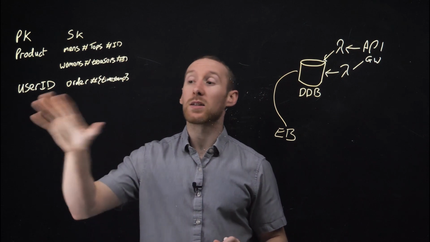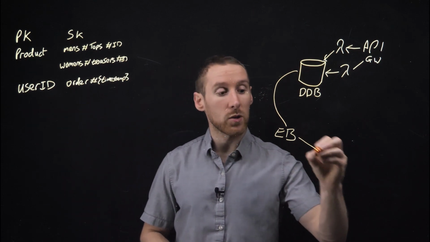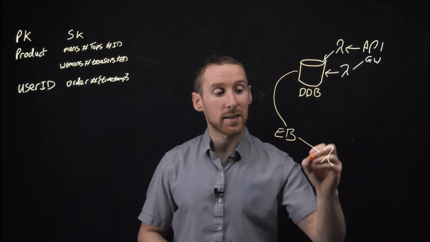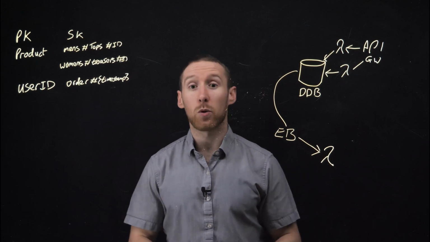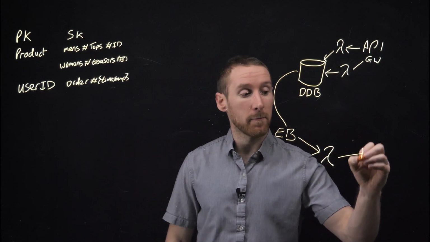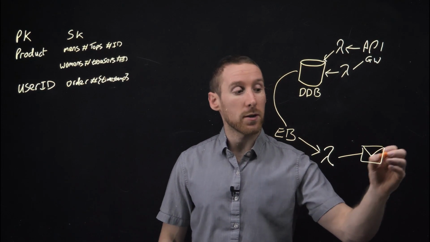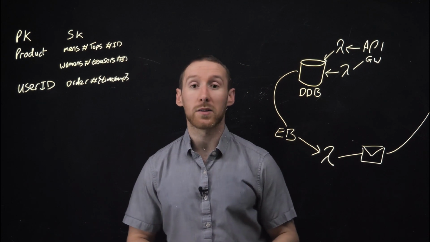So in this case, this will trigger an order create event, which will then have a lambda listening for any order creations. And this one is going to be sending an SES email to the user saying that their order has been placed.